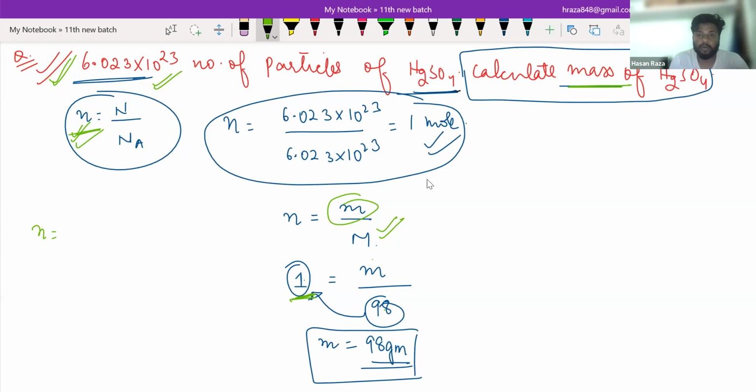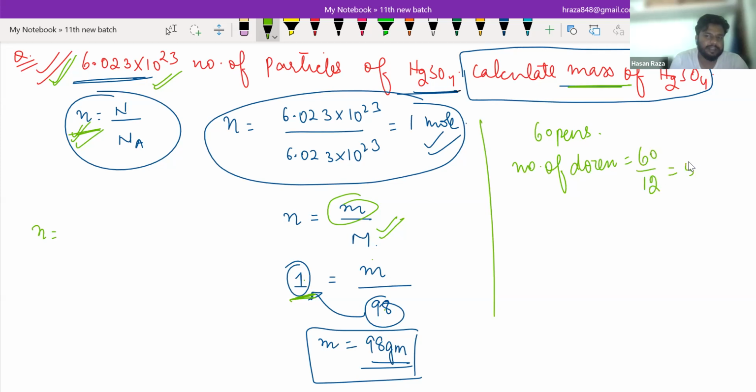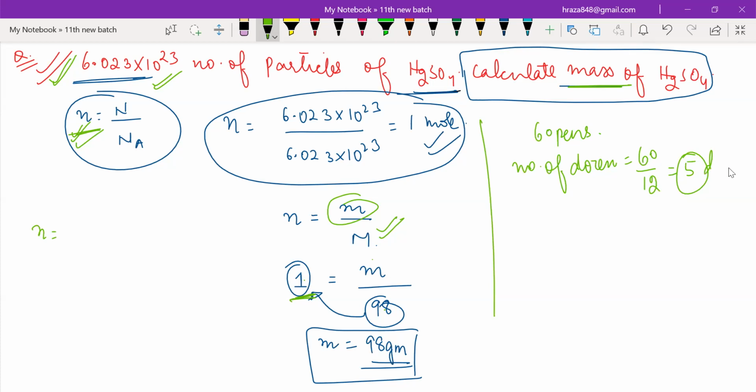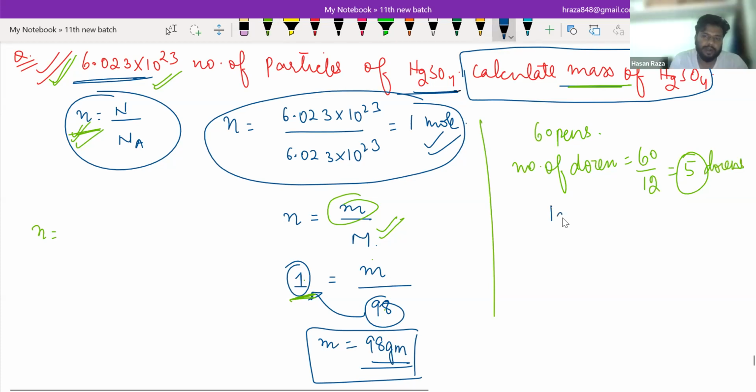If you have 60 pens, how many dozen is it? So the number of dozen is equal to 60 divided by 12, that is 5. Yes or no? Yes. And you already know that 1 dozen equals 12. That's why we just divided by 12. Yes or no? Yes, sir.